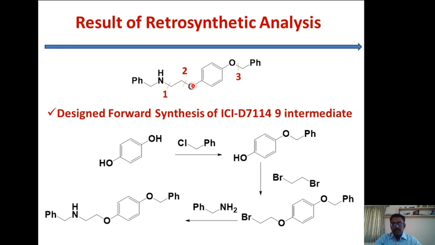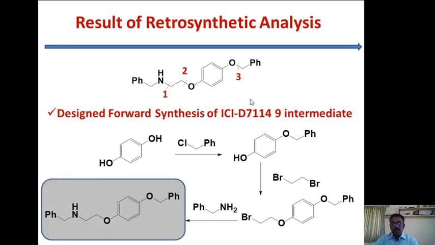The next is that if you have a heteroatom, then you should disconnect next to the heteroatom. The third one is that if you have a chemoselectivity problem, then we have to find which one is more reactive, and that should be disconnected first compared to the less reactive one. This is what we learned yesterday, and using those guidelines we saw how to reach the target molecule.